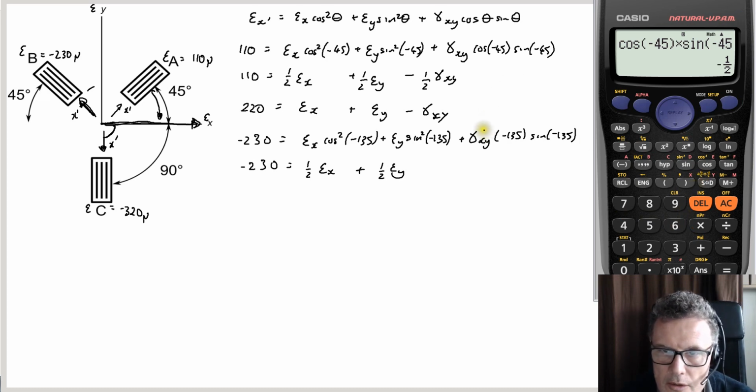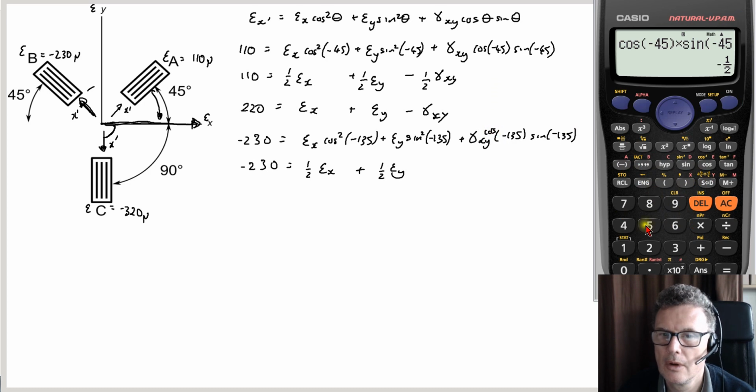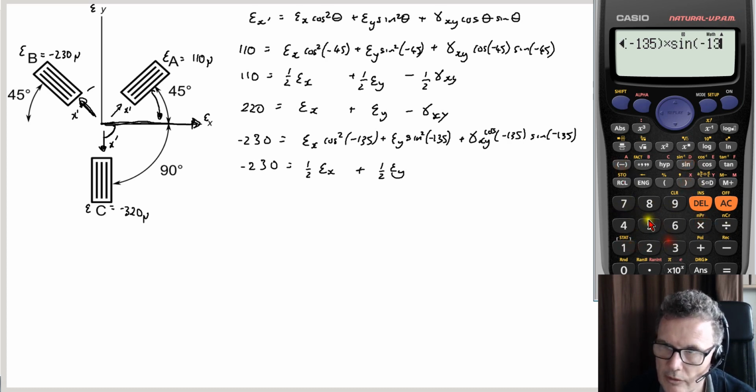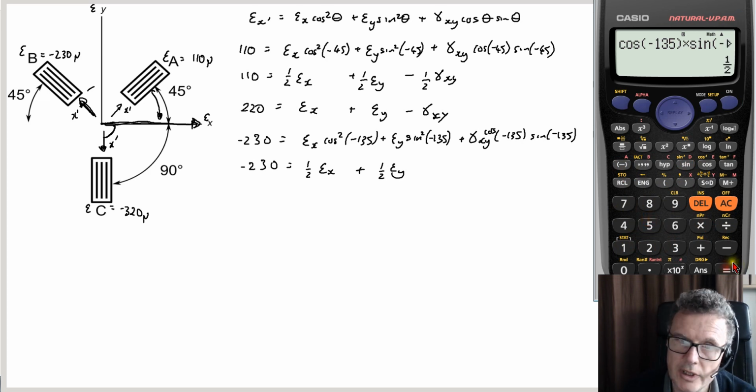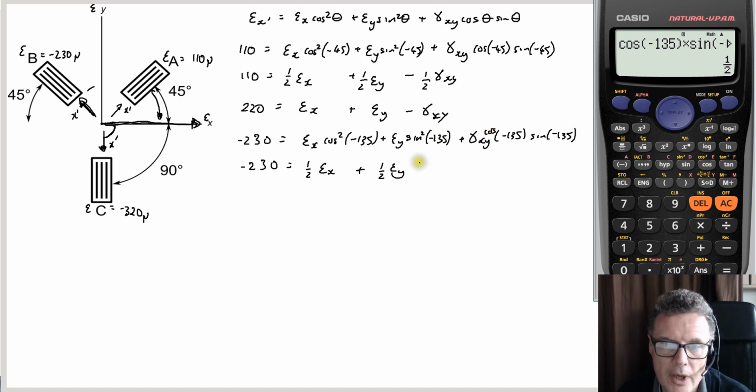XY, is that the cos? Let's put that in. Let's just check. Cos minus 135 times sine minus 135. Cos is symmetrical, sine is odd, and we end up with plus.